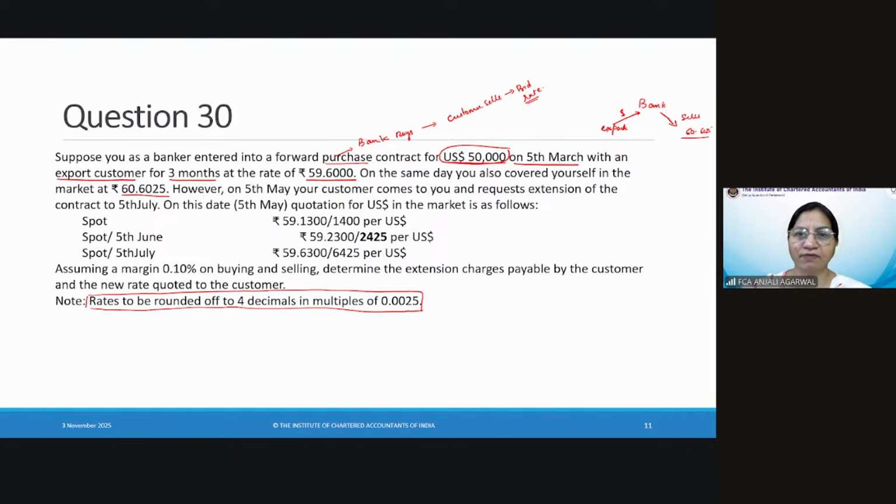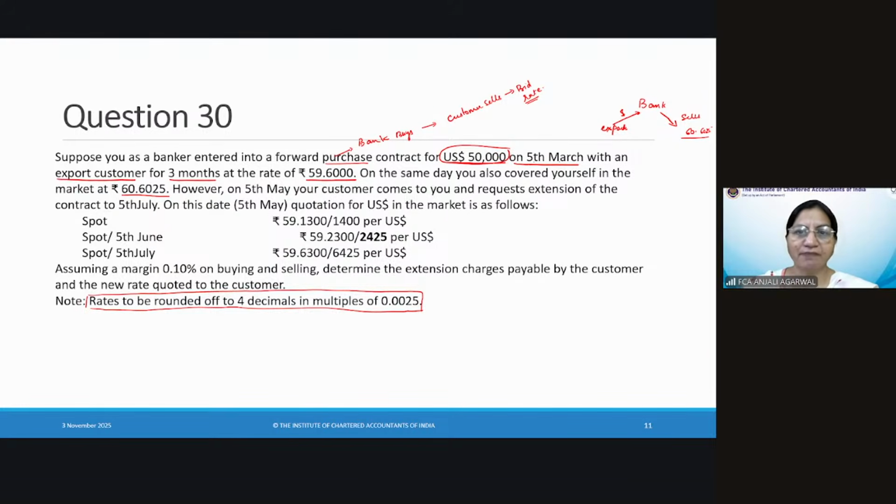Bank is receiving from the customer at 59.60 and selling to someone else at 60.6025. So almost 1.0025 is what the bank is going to earn. Clear? Bank has entered with the customer, the exporter, and therefore it has covered itself in the market at 60.6025.